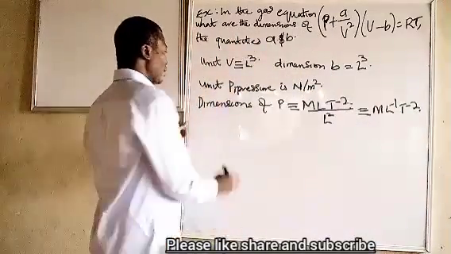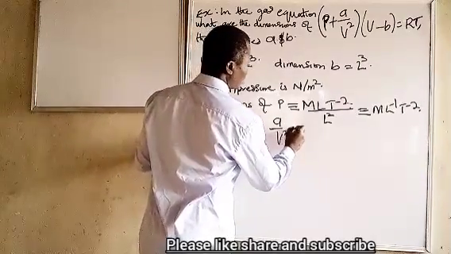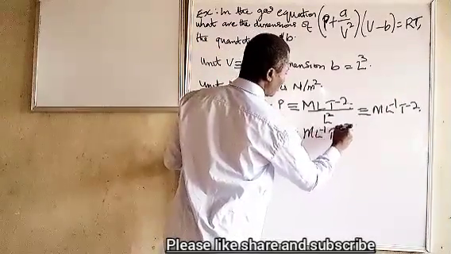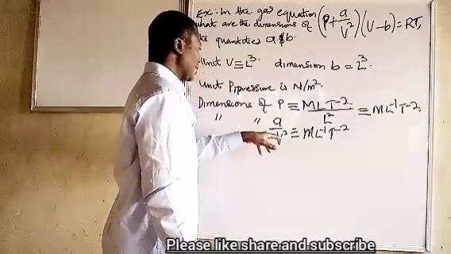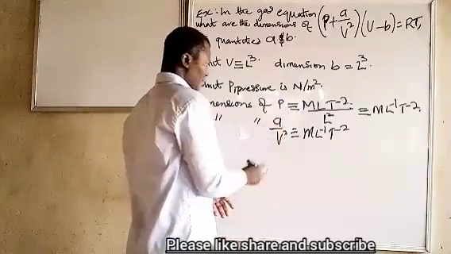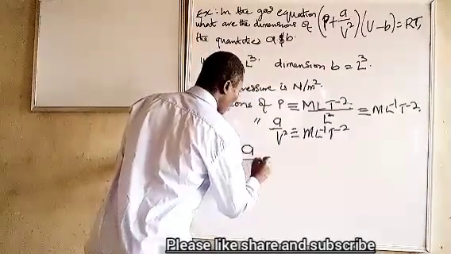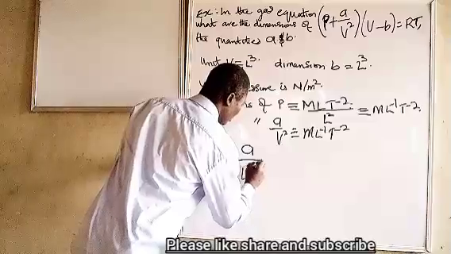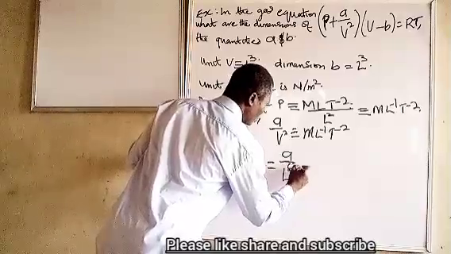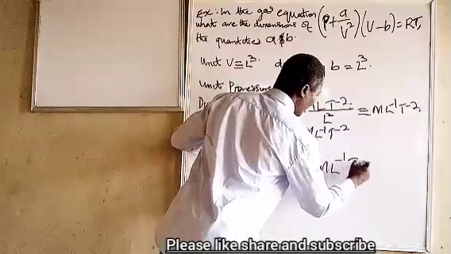Now for A. The dimensions of A over V squared is the same thing as this one now, M L minus 1 T minus 2. And you know that V is L raised to power 3, squared. So A over L to the power 6 should be equivalent to this, M L minus 1 T minus 2.